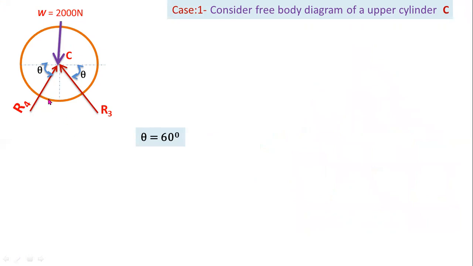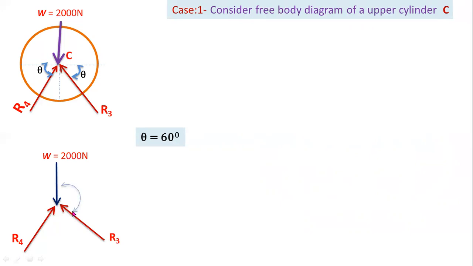Now we have to use Lami's theorem for determining the unknown values R3 and R4. There are only three concurrent forces, and for three forces you can apply Lami's theorem. First of all, you have to consider these three forces as they are. Now you have to consider the angle between two forces.